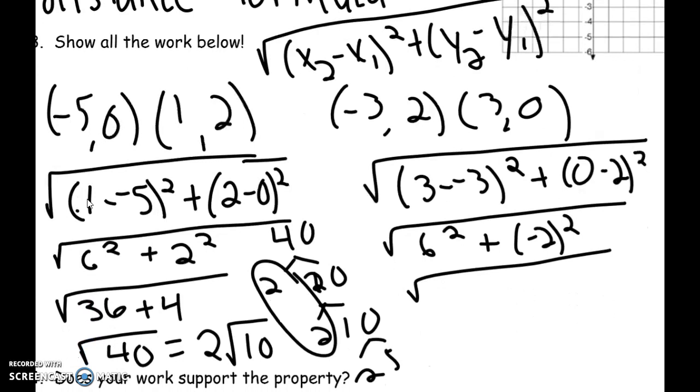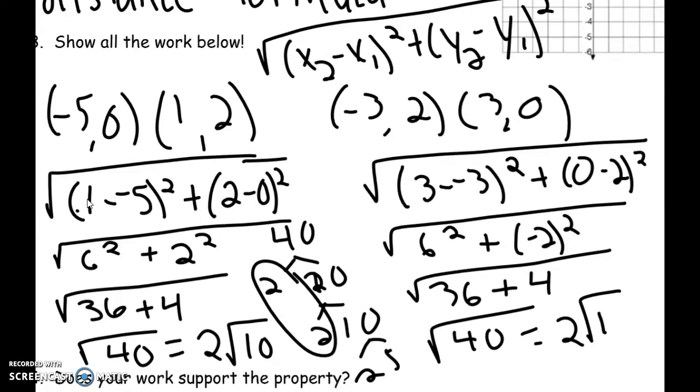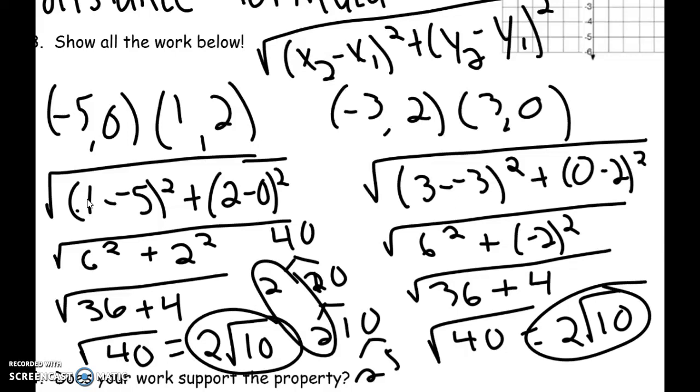Again, the square root, 6 squared is 36, plus -2 squared is 4. Finally, we end up with the square root of 40, which is the same thing we got over there, which is 2 radical 10. So we've got here and here.